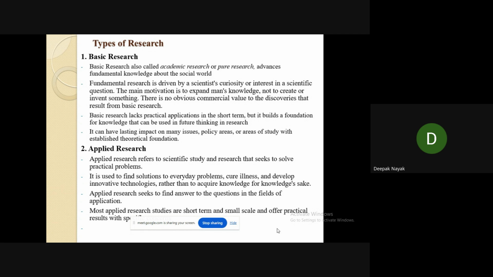There are very critical differentiations and in-depth classifications of social science research, which going ahead you will try to understand in a deeper way.